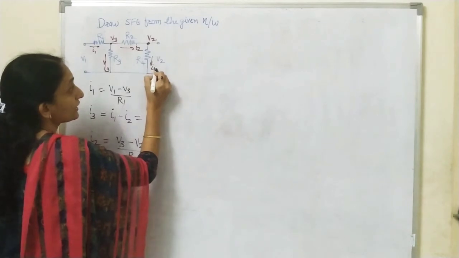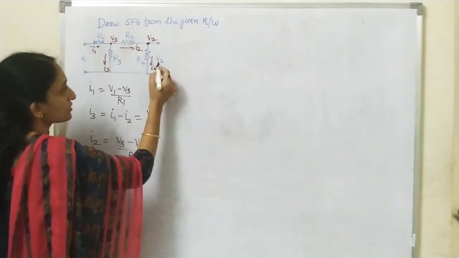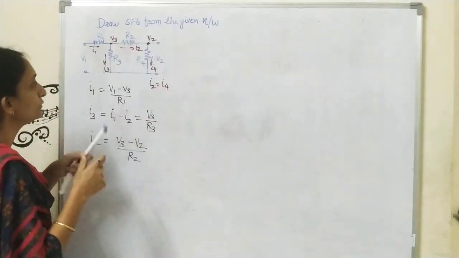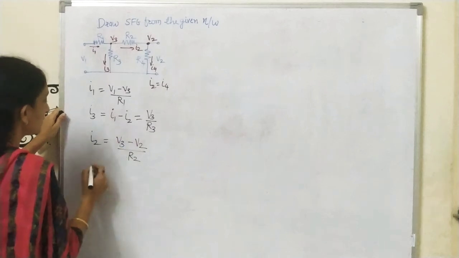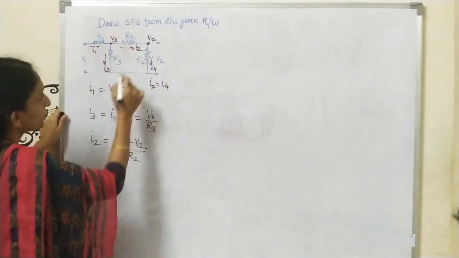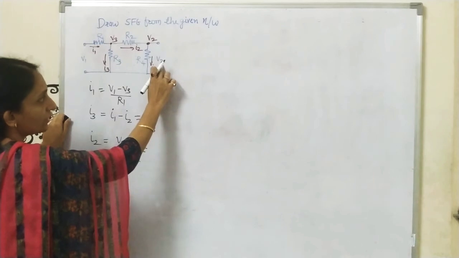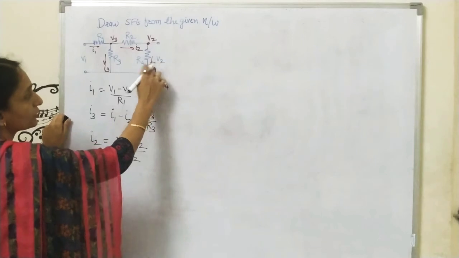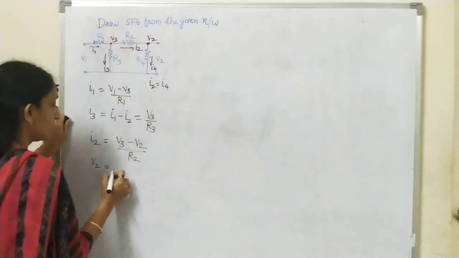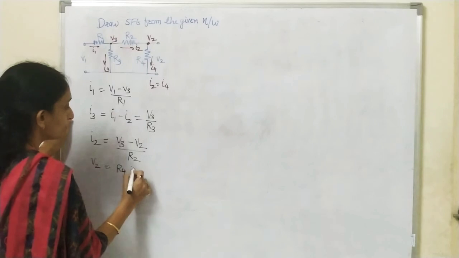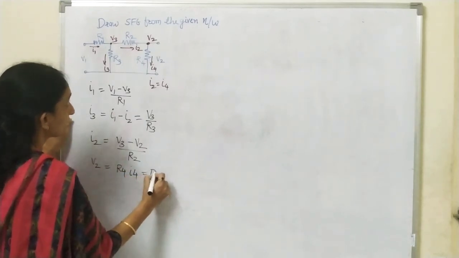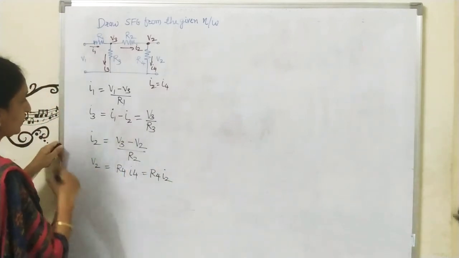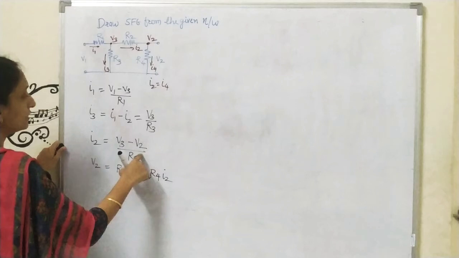I can consider I4, but as you know this I2 is the same as I4. V2 is nothing but the voltage across R4, so I can write R4 into I4, or R4 into I2. So I got these expressions: 1, 2, 3, 4.